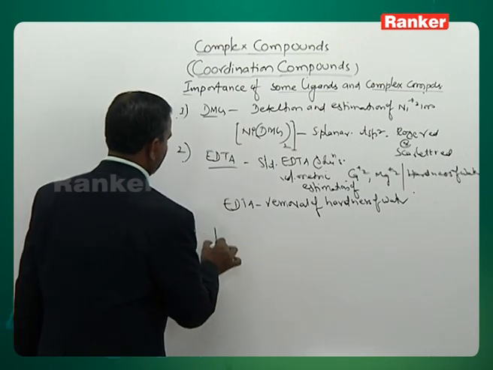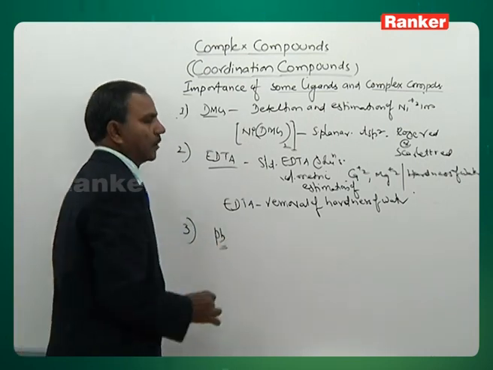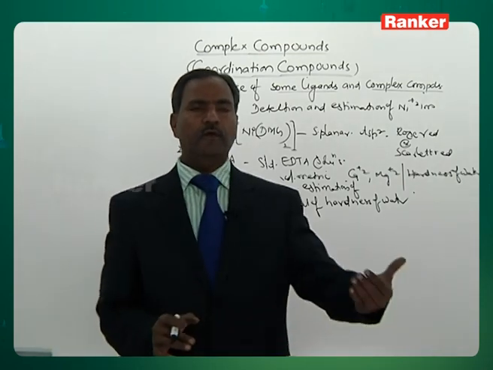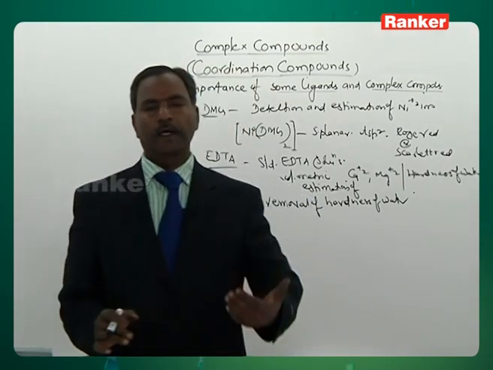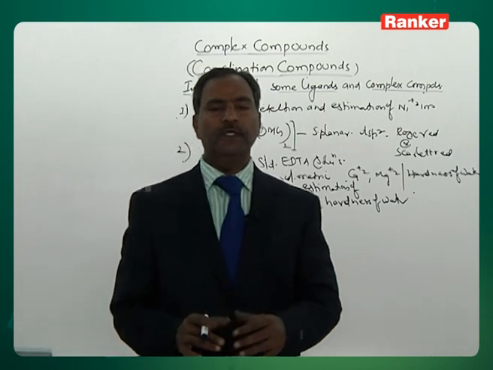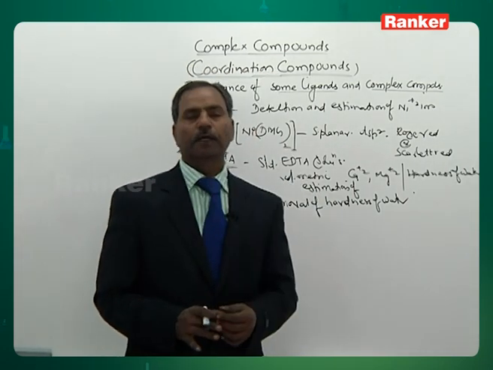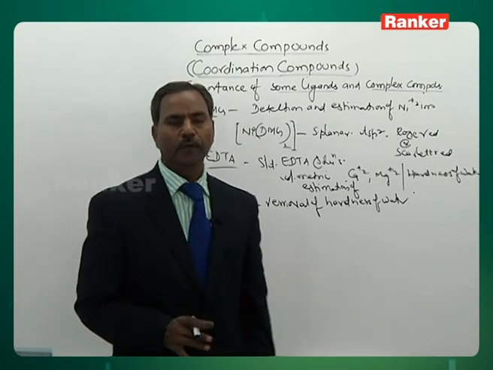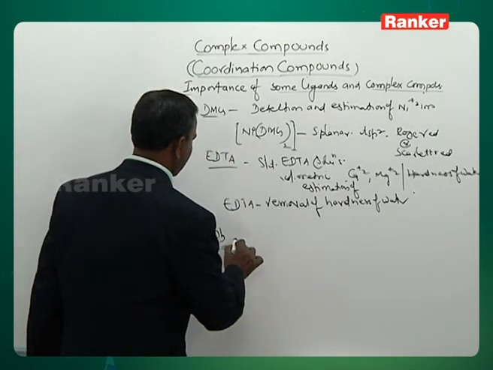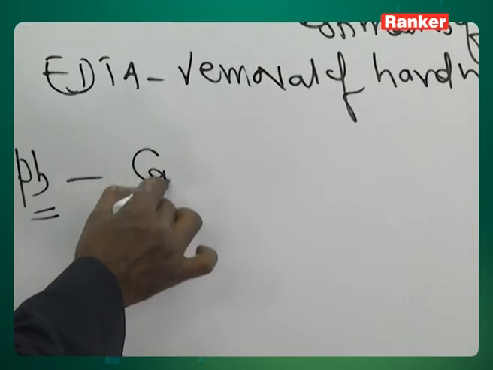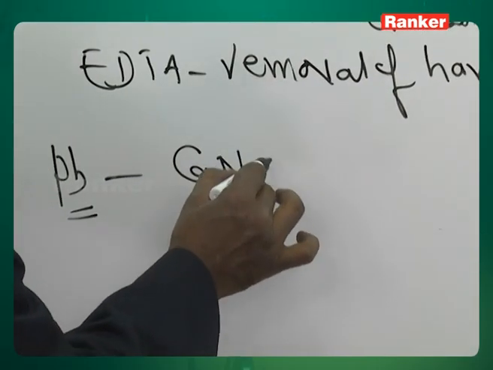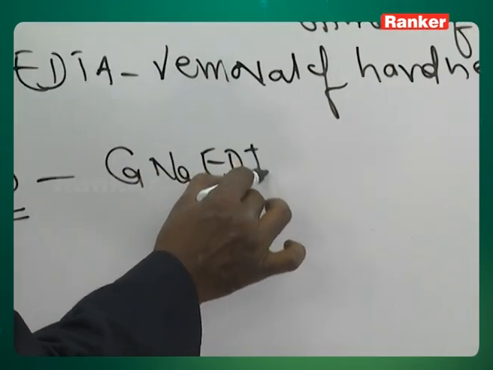Next, lead is a poisonous, toxic metal. Somewhat unknowingly or knowingly, suppose lead enters into our body, it shows its toxic effects. For the removal of this toxic metal from the body, we use a complex, calcium disodium EDTA.